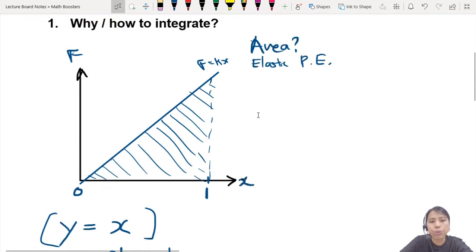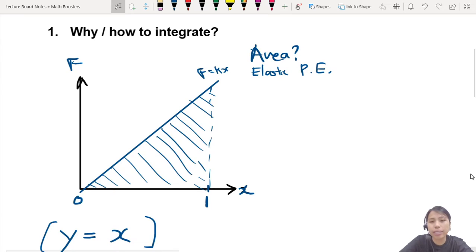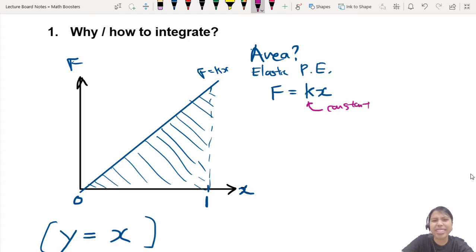So how do we apply it to this one then? Let's say I want to find the area under this force extension curve. You do the same thing. Force equals kx. K here is some constant, the spring constant, so we don't care too much about it. But if I want to find the area under the curve from, let's say, you stretch a spring from 0 to some extension x, let's put it in green color, then I want to find the area under this straight line, kx, y equals mx plus c.